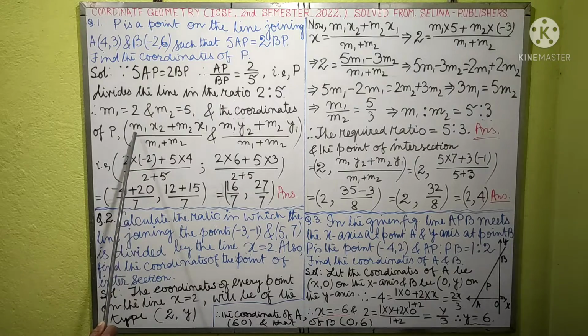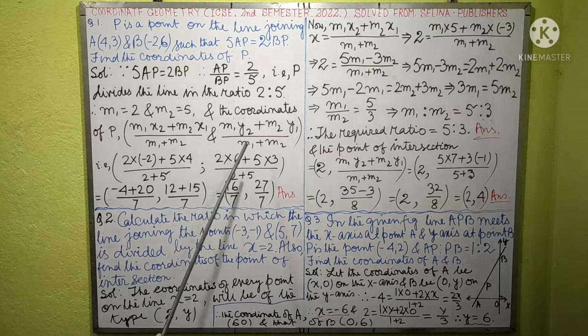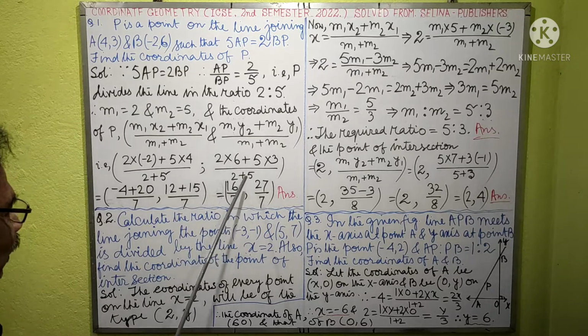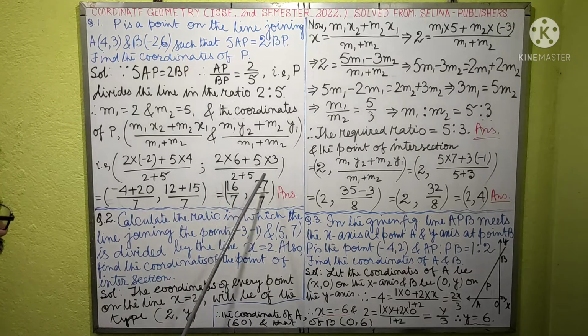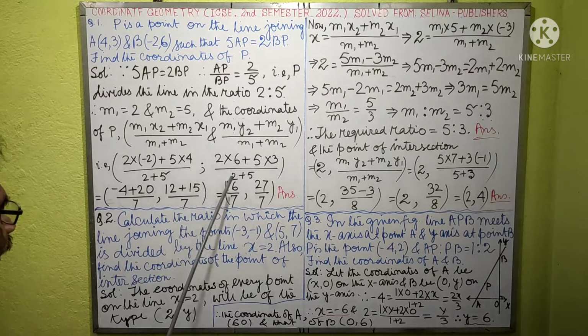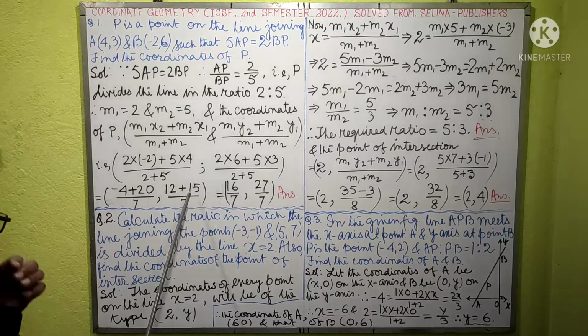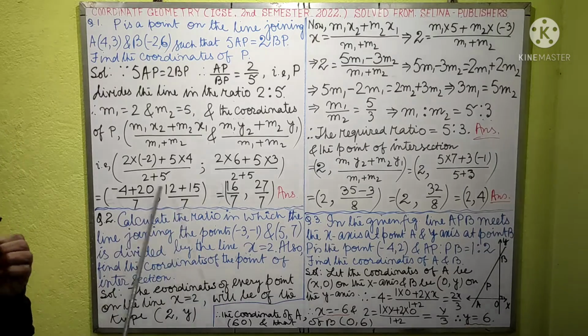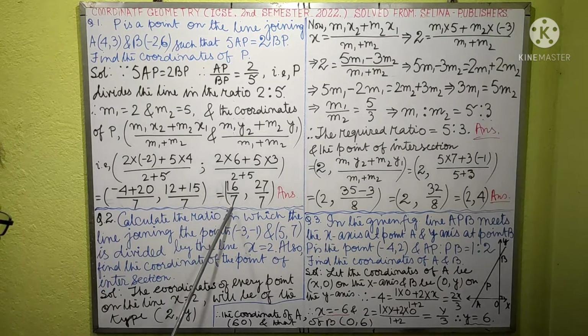Putting the values of m1, m2, x1, x2, y1, y2, we will get the two coordinates. Now 2 times -2 is -4, 5 times 4 is 20, so (20 minus 4) by 7, that is 16 by 7.